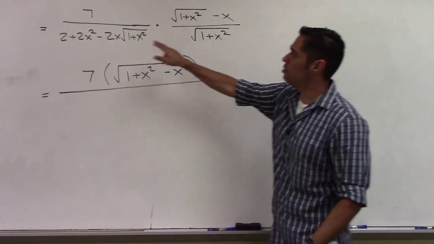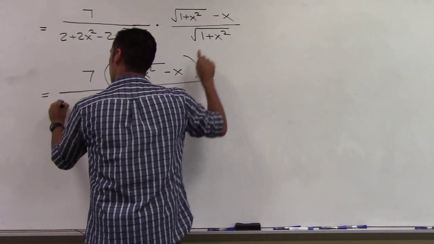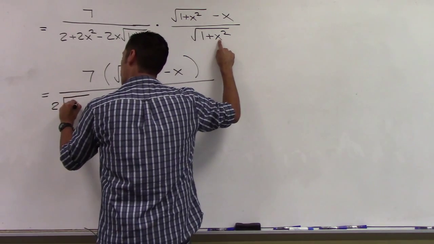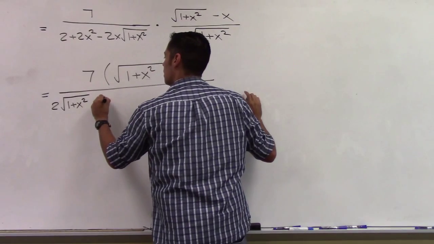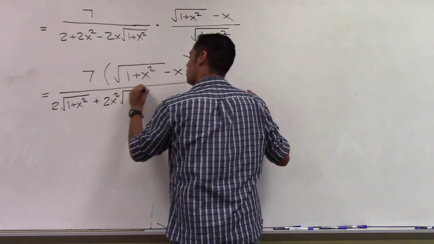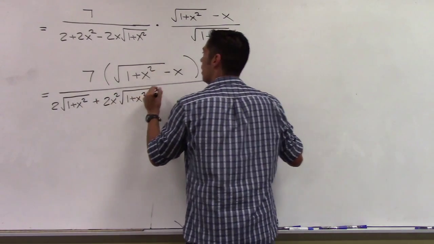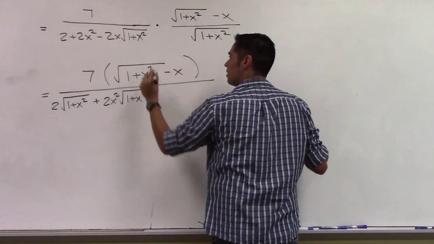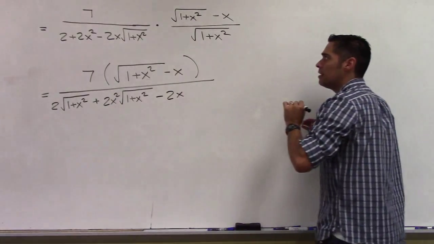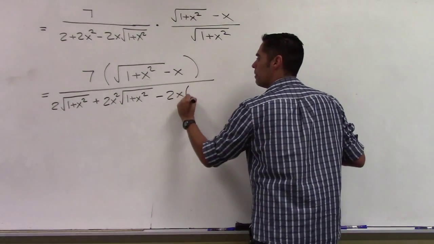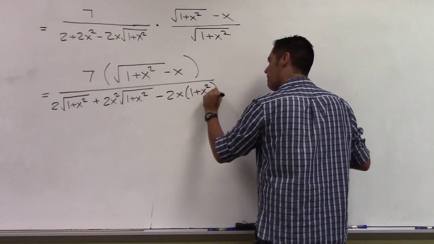distributing this to the 2 gives me 2 of those roots. Distributing this to the 2x squared gives me 2x squared times the root. And then distributing this to this is where good things happen. You get the root and the root are exactly the same, so it goes away, and I'm left with, in parentheses, 1 plus x squared.